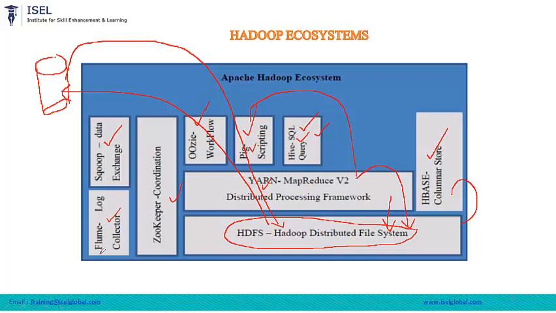So Flume is one more ecosystem component using which you can collect or import data and put it into the HDFS file system. That is one more ETL ecosystem component to import data from huge log files then and there into our HDFS file system. Once we keep the data in our HDFS file system, we are going to use one of these, Pig or Hive or MapReduce or HBase, to process the data to come up with our final reports.